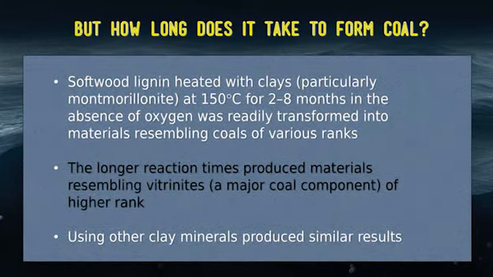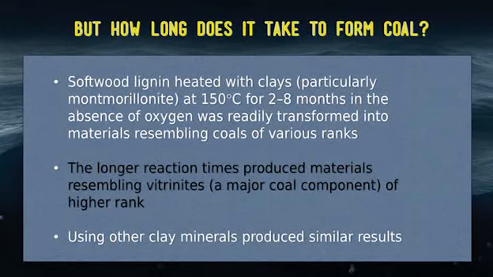So softwood heated with clays at 150 degrees was rapidly able to transform these woody materials into coals of various ranks. The longer reaction times produced materials resembling the major component in coal called vitrinite. Vitrinite is the shinier black material that you see in coal. It comes from vitreous, like vitreous porcelain. It gives that kind of luster, and so it's called vitrinite. And they used other clay minerals and produced similar results.